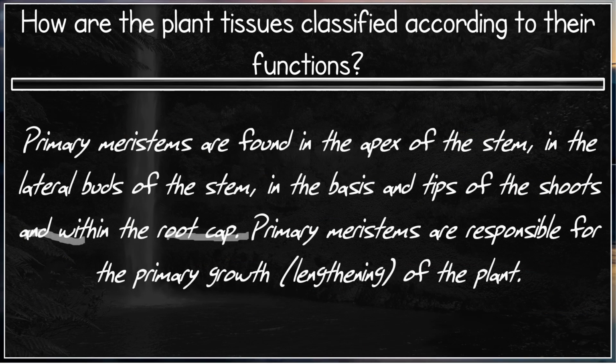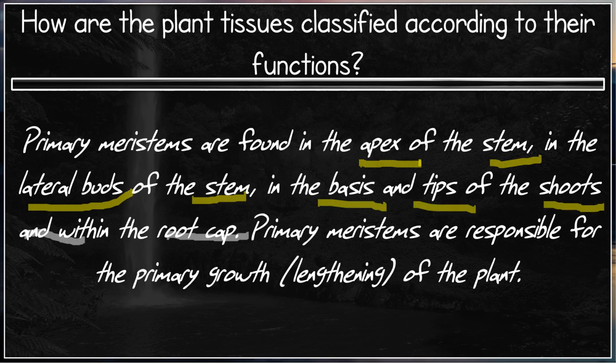Primary meristems are formed in the apex of the stem and in the lateral buds of the stem, in the bases and the tips of the shoots, and within the root cap. Primary meristems are responsible for primary growth, that is, lengthening of the plant.